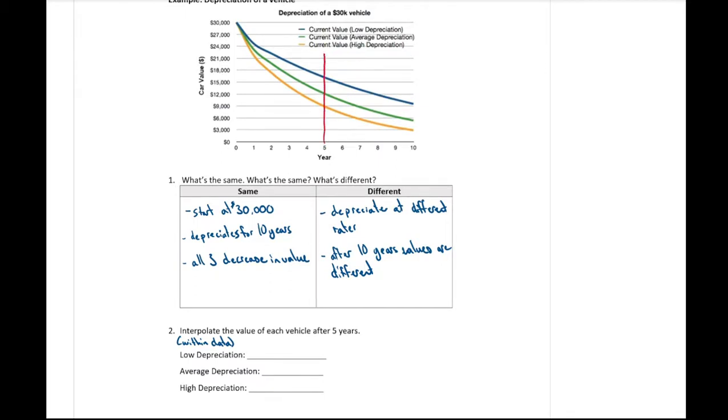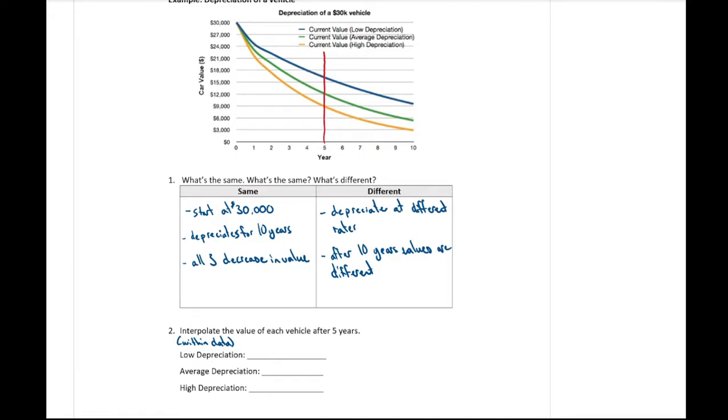Because we're looking at year 5 and it's within our starting and ending values, that's considered interpolation. If I said, let's estimate the value of each vehicle after 13 years, 13 is outside the graph that I currently have, so that would be the other type of estimation we've talked about, which is extrapolation.